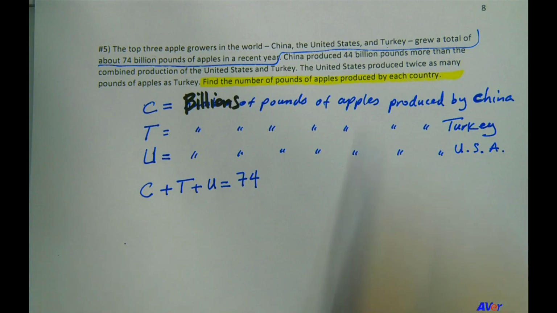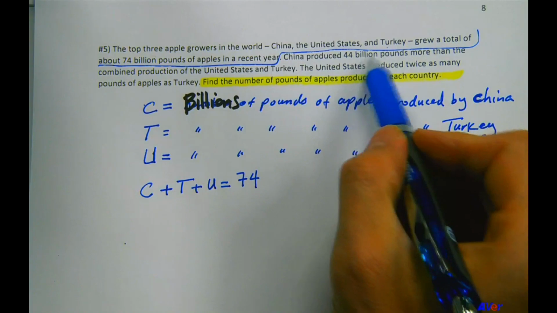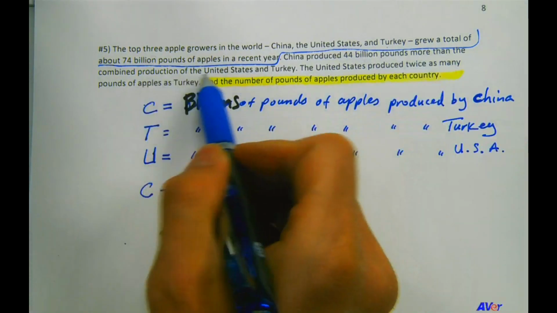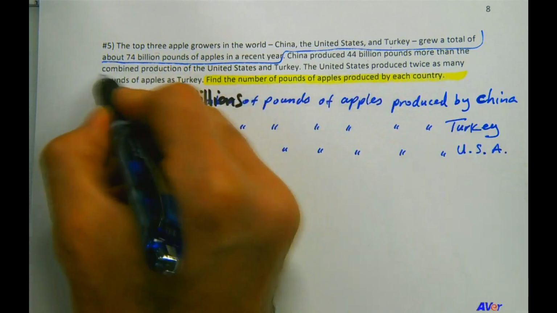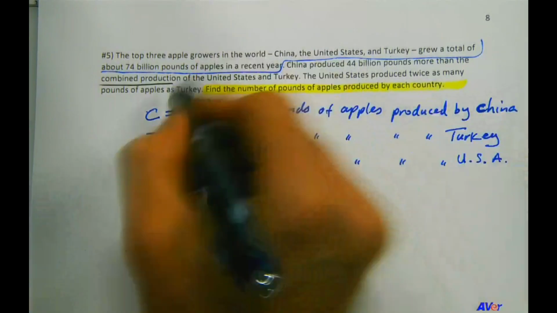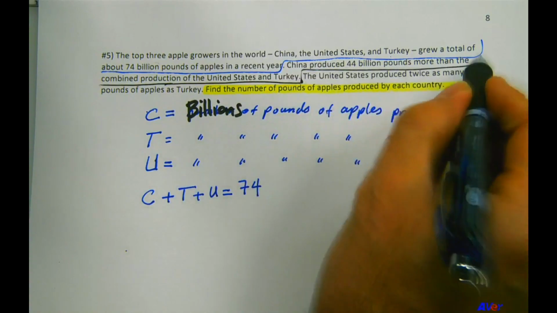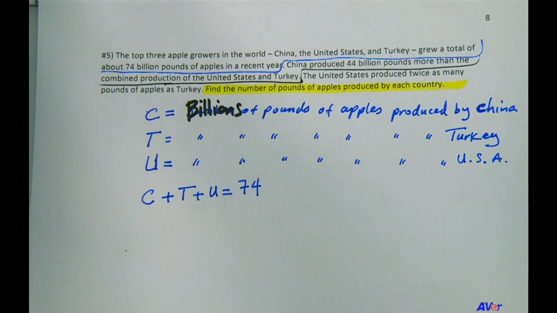Okay, so let's read on. China produced 44 billion pounds more than the combined production of the United States and Turkey. So go ahead and translate. Pause the video, please, and read this sentence and translate that sentence into another equation. Okay? Pause the video and do that, and then come back.